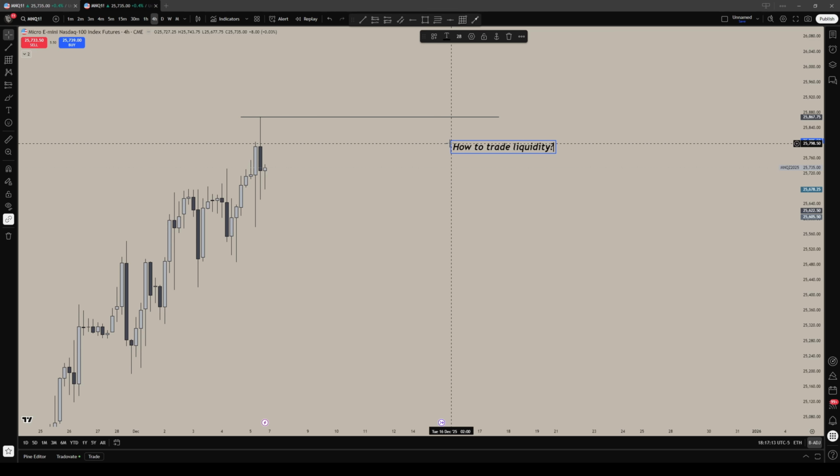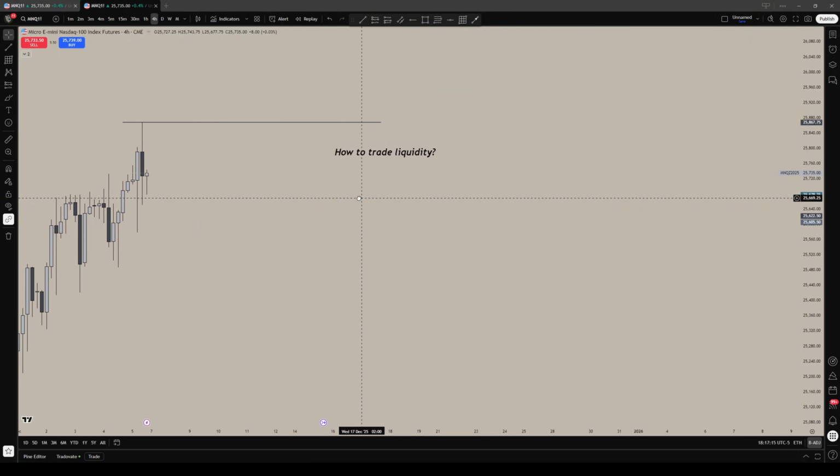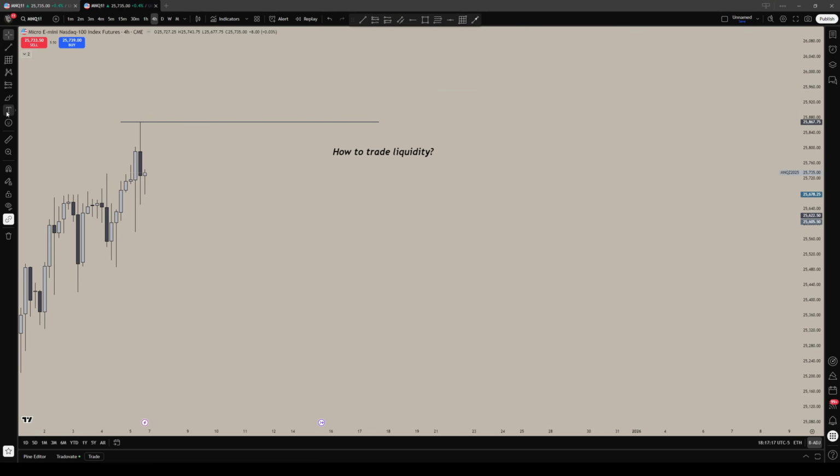So this is what you're gonna do. Price goes from buy side to sell side, from internal to external, and vice versa.